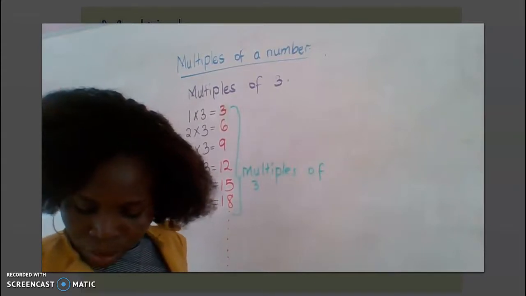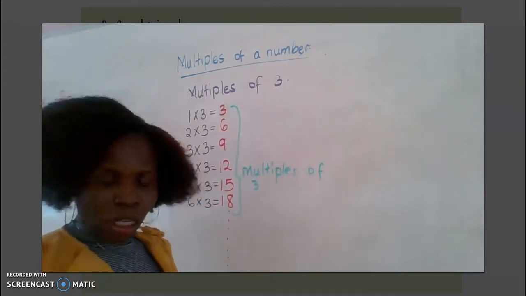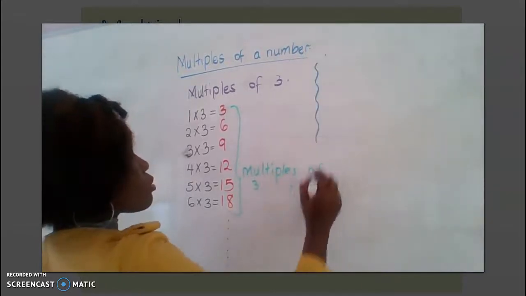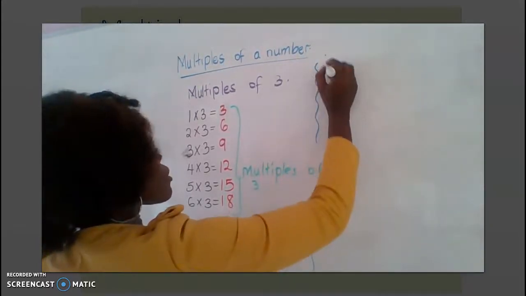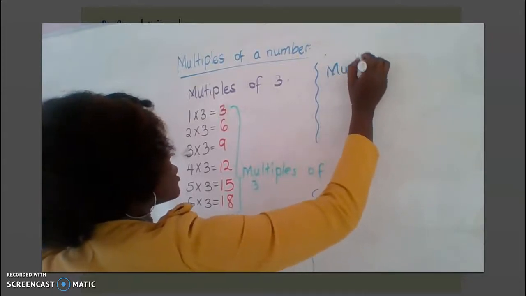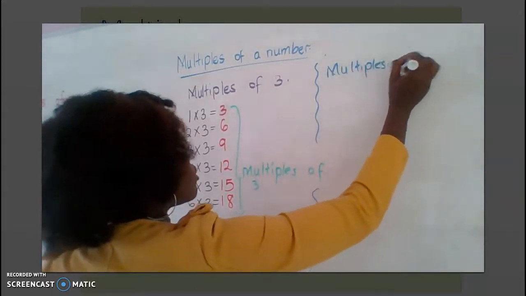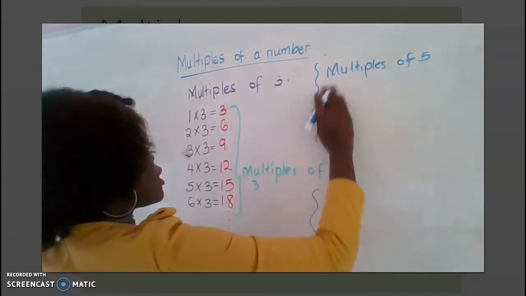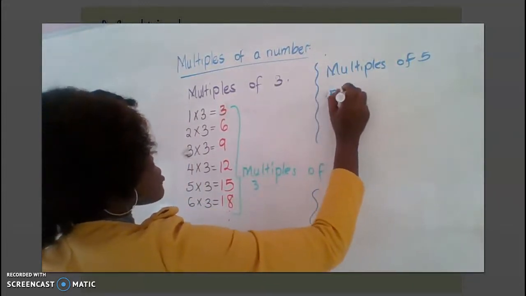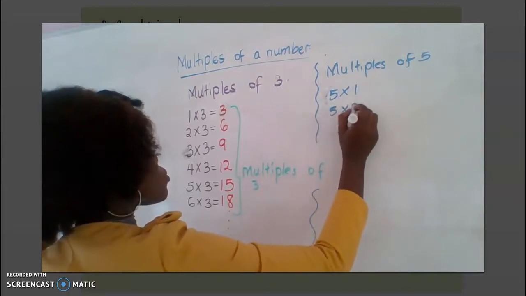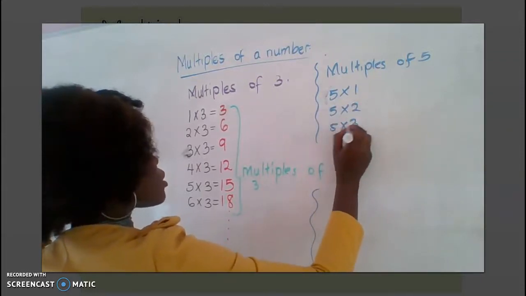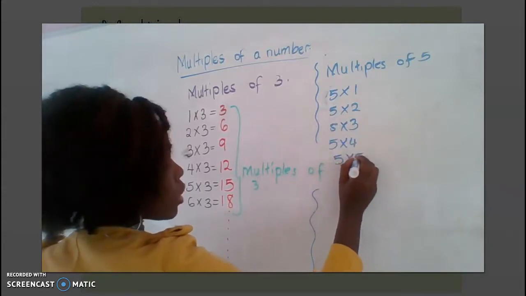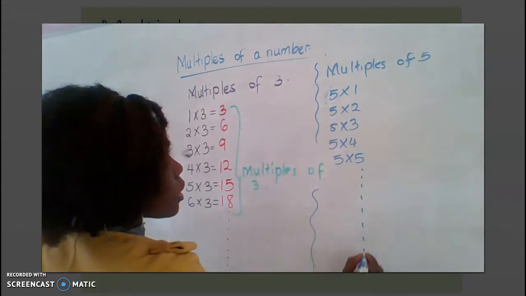Let's look at multiples of 5. We'll have 5 times 1, 5 times 2, 5 times 3, 5 times 4, 5 times 5, and the list is endless.